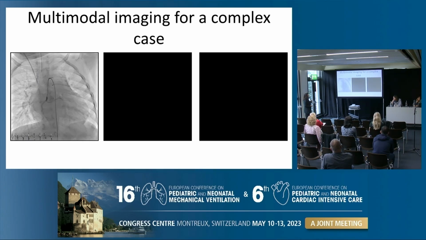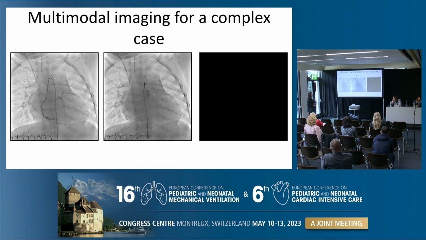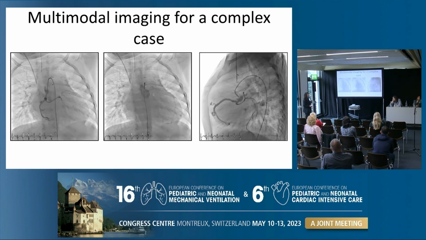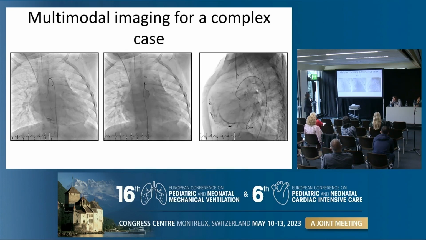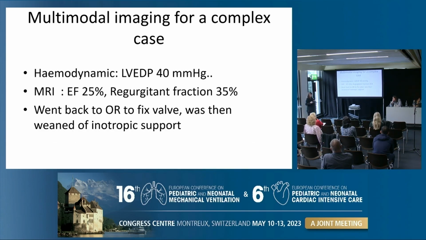And so we went to the cath lab to make sure the coronaries were fine, and actually they were perfect, there was no complication. But on invasive hemodynamics, the LVEDP was 40 millimeters of mercury, and so really not great. No wonder we couldn't get rid of inotropic support and ventilation.